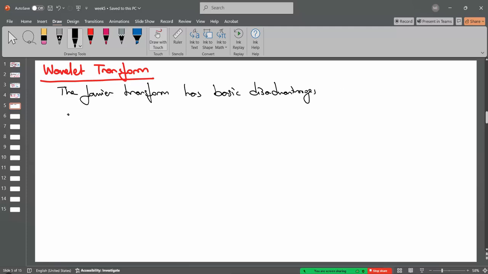For example, the temporal information does not track in the Fourier transform, because we apply the signal to the Fourier transform, okay?